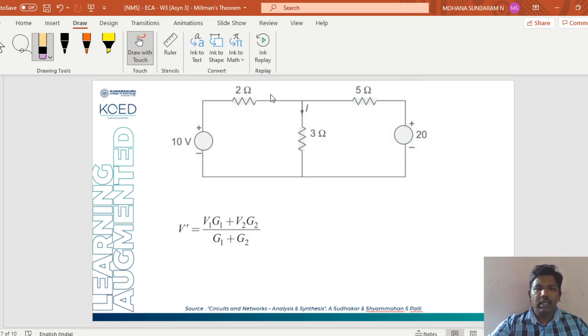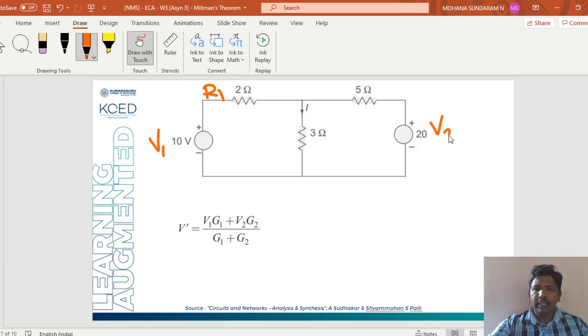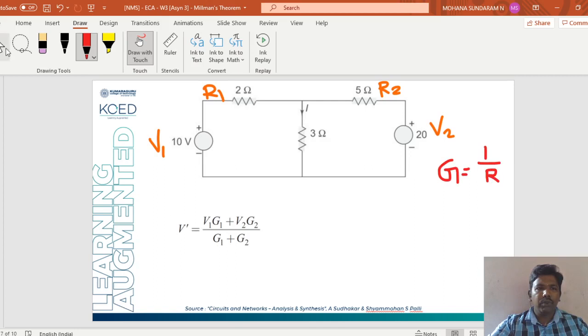Here we take this as V1 with resistance R1, and this as V2 with resistance R2. G is the conductance, the reciprocal of resistance. Now we have a direct formula to find the equivalent voltage source.